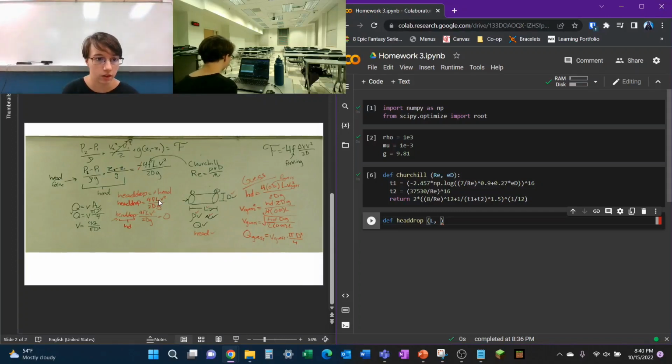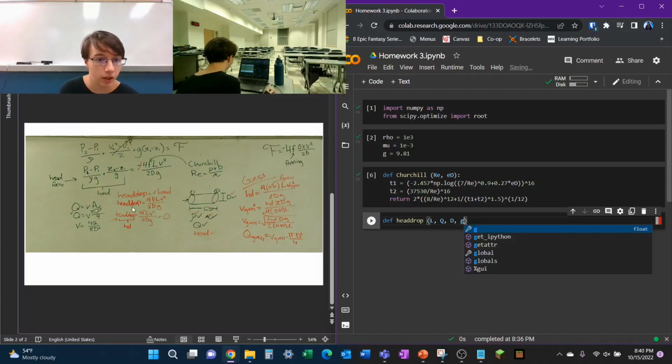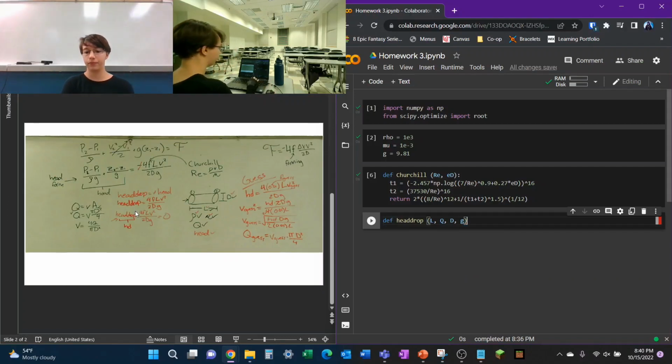It takes in the velocity, but we're going to calculate that with the flow rate, so we do need the flow rate. It takes in the diameter, and it takes in G, and I think that is all. Okay.